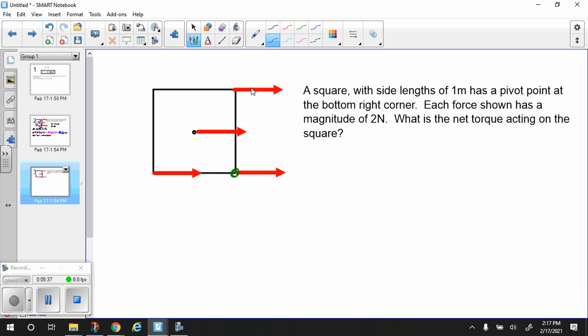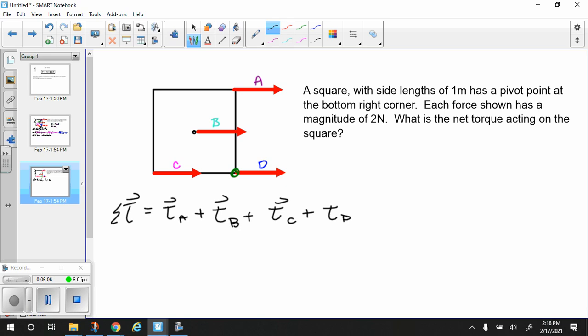So we'll call this one A, we'll call this one B, we'll call this one C, and we'll call this one D. So the sum of all the torques is equal to torque from A plus torque from B plus torque from C plus torque from D.